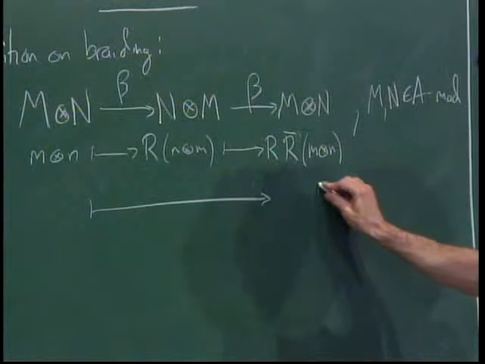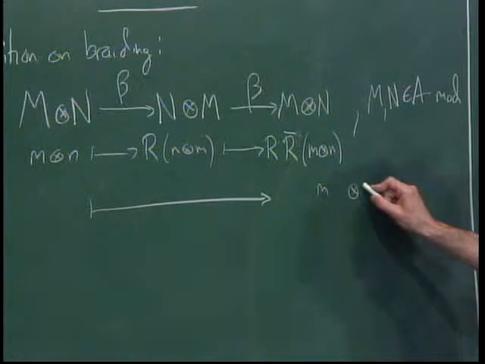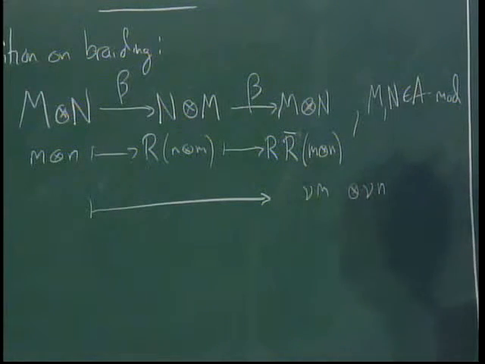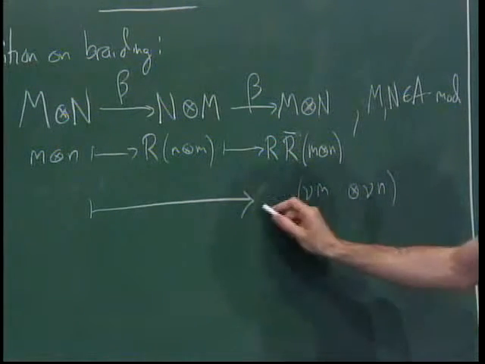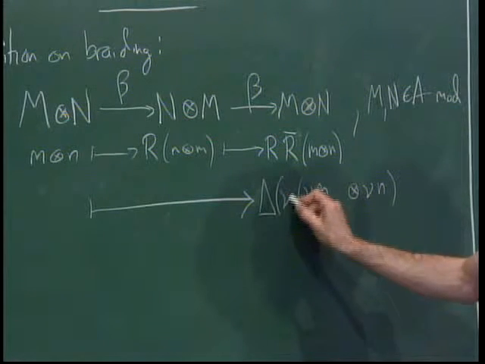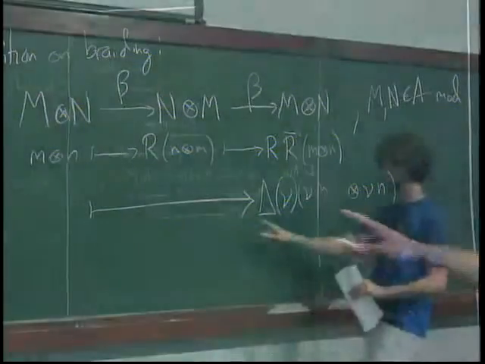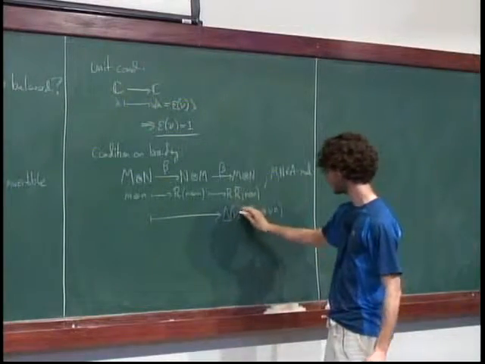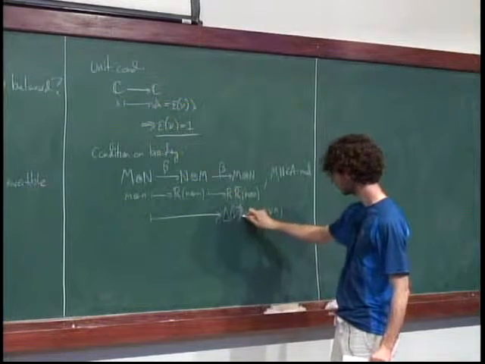I have m and n. First of all, I can act by the twist on that factor, then by the twist on this factor, and then I need to act by the twist on the whole thing. But the twist is just one element, and so the way I act on a tensor is by taking the coproduct. And actually, I needed to do the inverse twist after I'd multiplied them, so this is really nu inverse there.